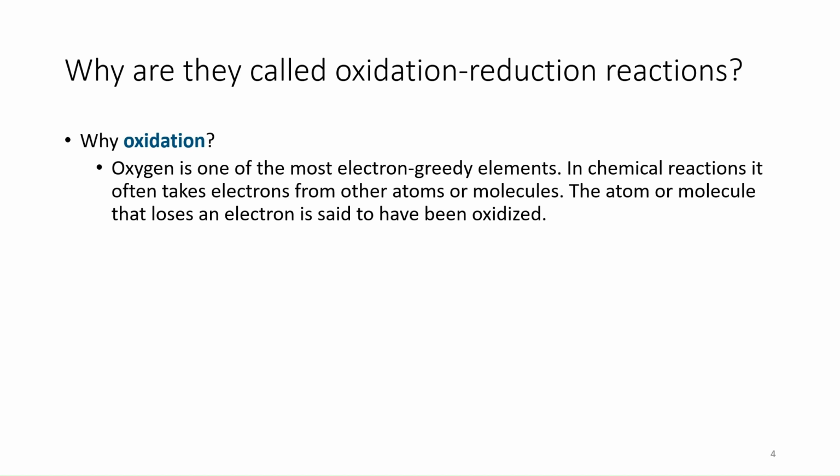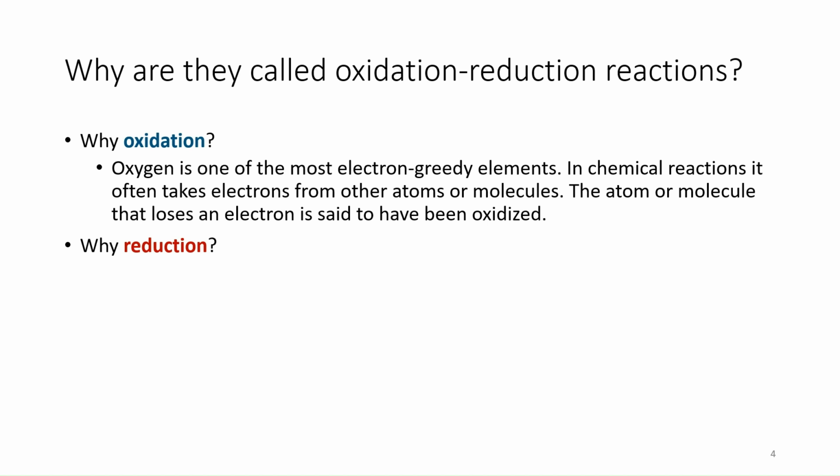So, on the prior slide, we saw the formation of sodium fluoride, and fluorine was the oxidizing agent. It was taking an electron from sodium. So that's one half of the equation. What about reduction? Reduction gets its name from the fact that electrons have negative electric charges.